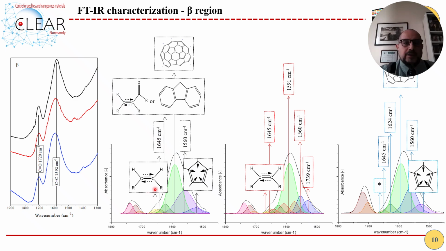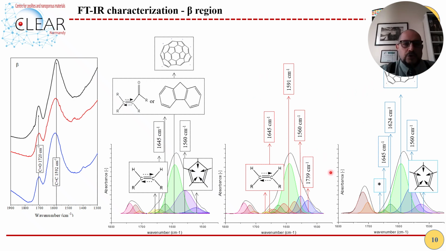It has a higher intensity in the parent ZTC sample, is less abundant in the nitrogen-doped one, and is completely absent in the phosphorus-doped one. This result is in line with the absorption band corresponding to the CH group in the alpha region at 3043.